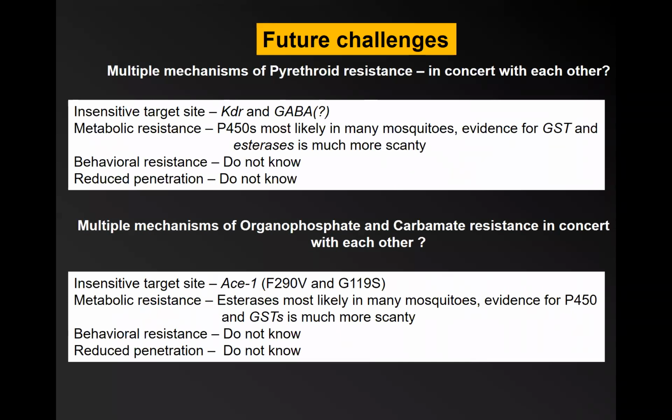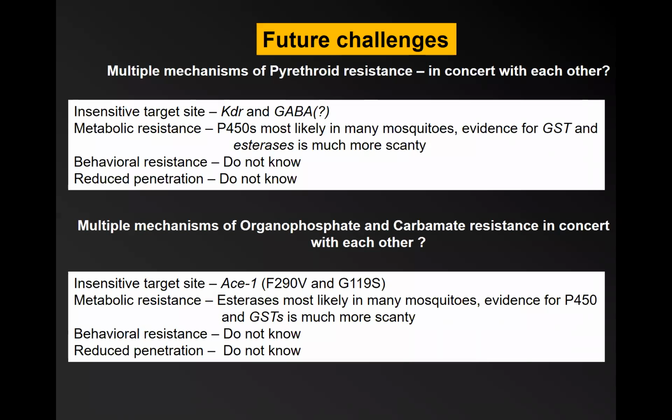So future challenges, there are many. One of them, of course, relates to understanding a little bit more about the resistance mechanisms of the mosquitoes that we're actually targeting. Is it just kdr, or are there P450s, esterases, or even reduced penetration?